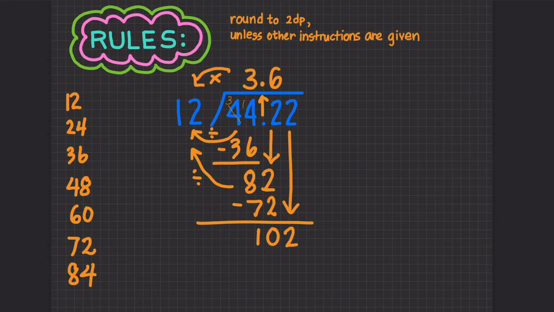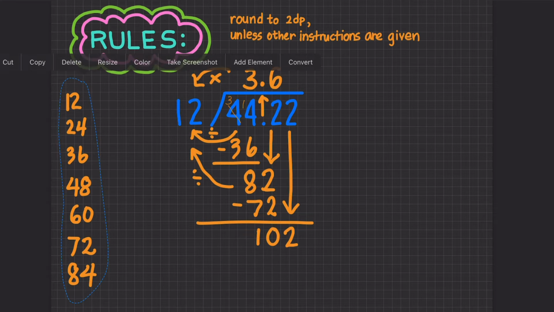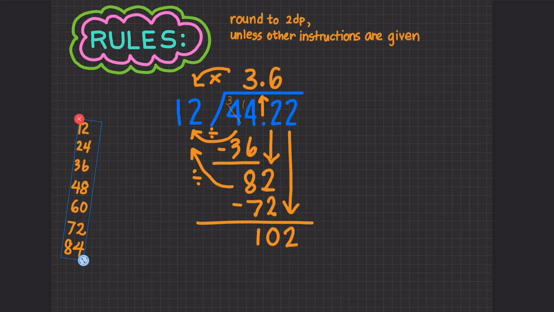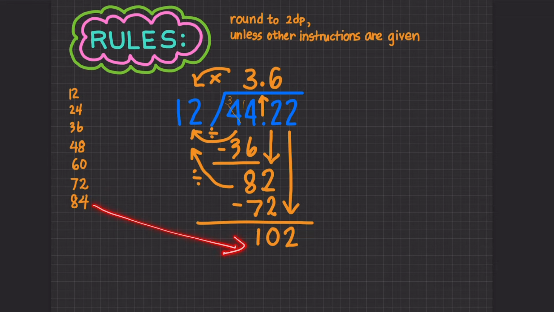102. Okay, so now let's look at our table of 12. Let me just resize it a little. Okay. So now we have 84. 84 is less than 102, so we need to continue. So now 12 times 8 would give you 96, and 12 times 9 will give you 108.